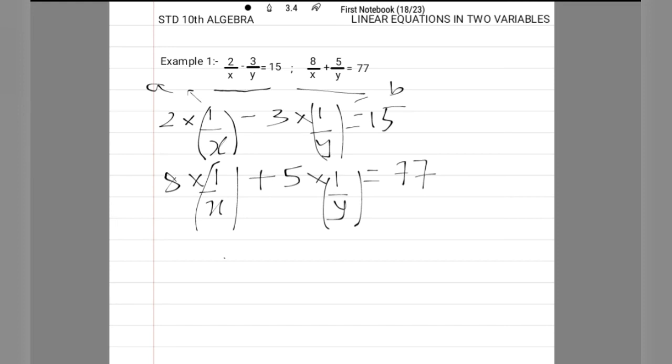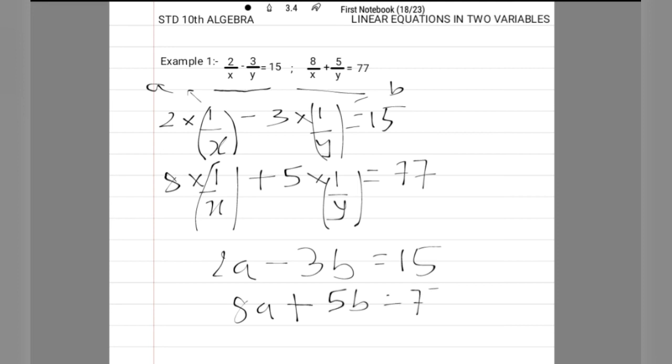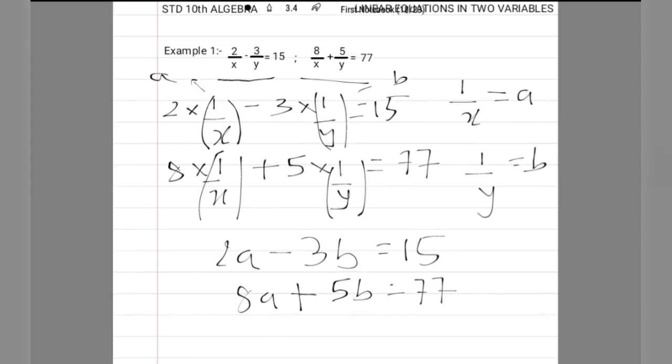So what we get is 2a minus 3b is equal to 15, and 8a plus 5b is equal to 77. What we did is substituted 1 by x is equal to a and 1 by y is equal to b in both the equations.